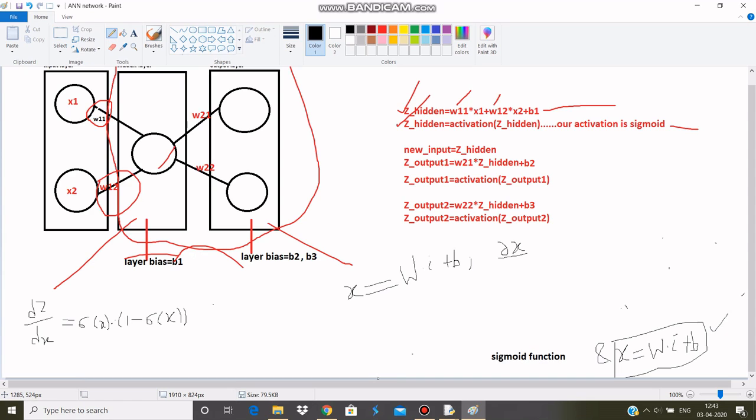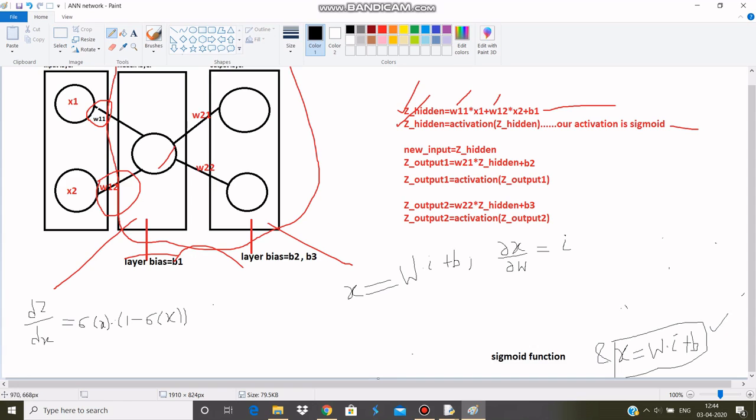Okay, so dx by dw will be actually del x by del w if we consider all the other parts as constant, because in a multivariable differentiation operation we can consider only one as a variable at a time, and we have to consider the rest as constant.